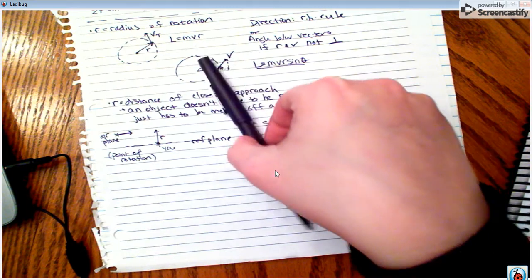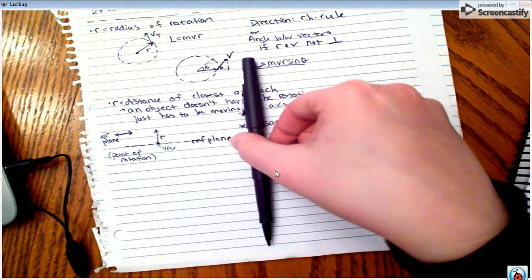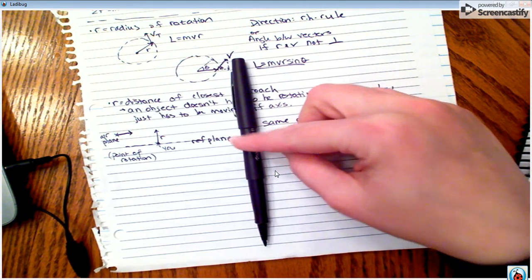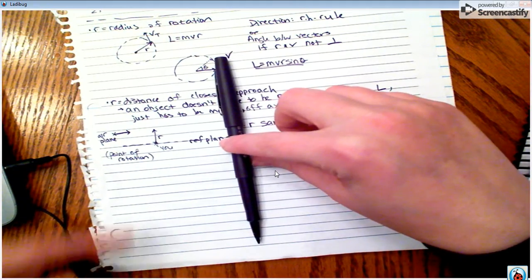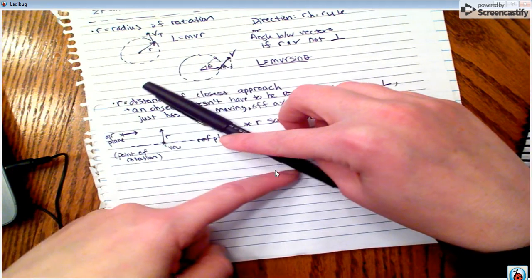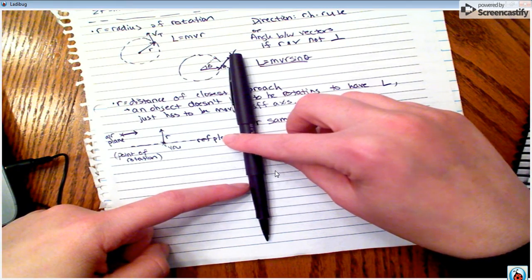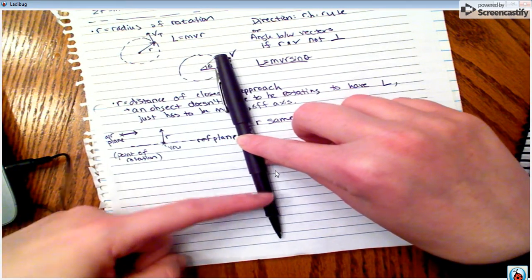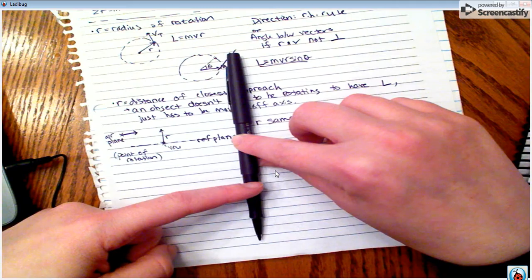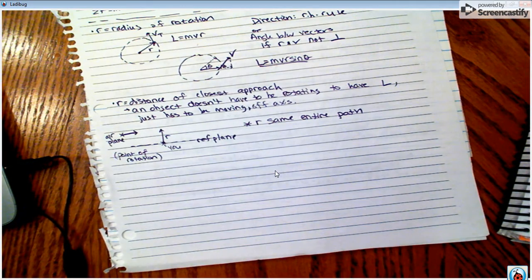Okay, so this is going to rotate about the center of axis, so center of mass. So that would be our reference, and the radius would be the distance of closest approach. It would be from our center of mass to this point where it hits the object. Okay, that's just to give you context. We'll do that problem in a little bit.